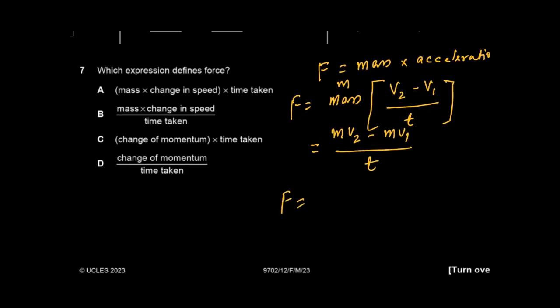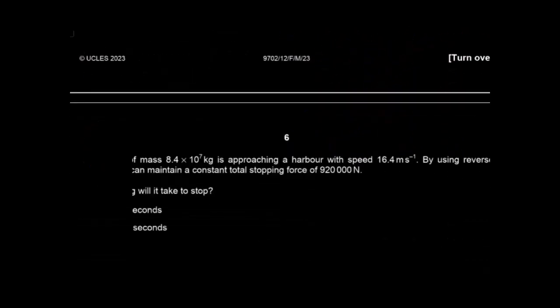So F is equal to: m v2 is final momentum and m v1 is initial momentum, with respect to time. So this is change in momentum with respect to time. So out of this, for question 7, option D, I think it is correct. Change in momentum upon time taken.